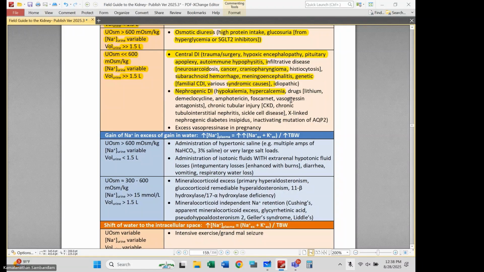These patients can present volume depleted. There are a number of factors by which hypercalcemia can cause hypovolemia. The nausea of hypercalcemia is one. The natriuresis of hypercalcemia is another.